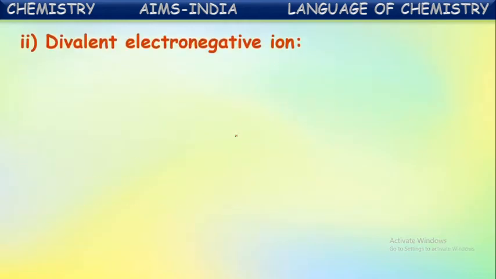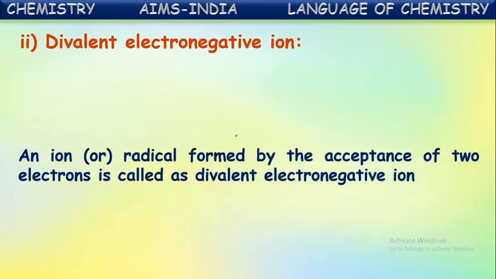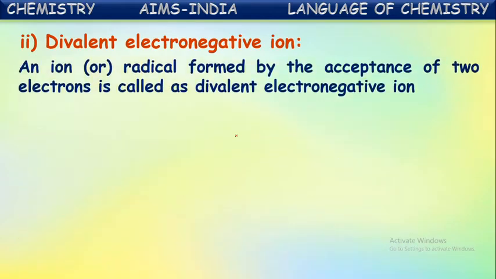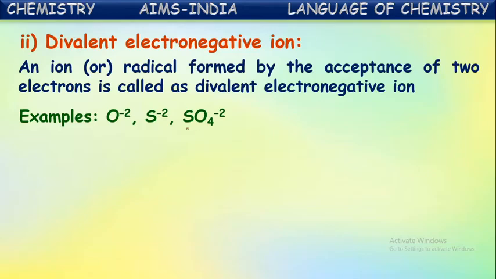Next, divalent electronegative ions. So, the definition for this is simply: the ions or radicals which are formed by the acceptance of two electrons are called divalent electronegative ions. Let us see examples: oxide ion, sulfide ion, sulfate radical.